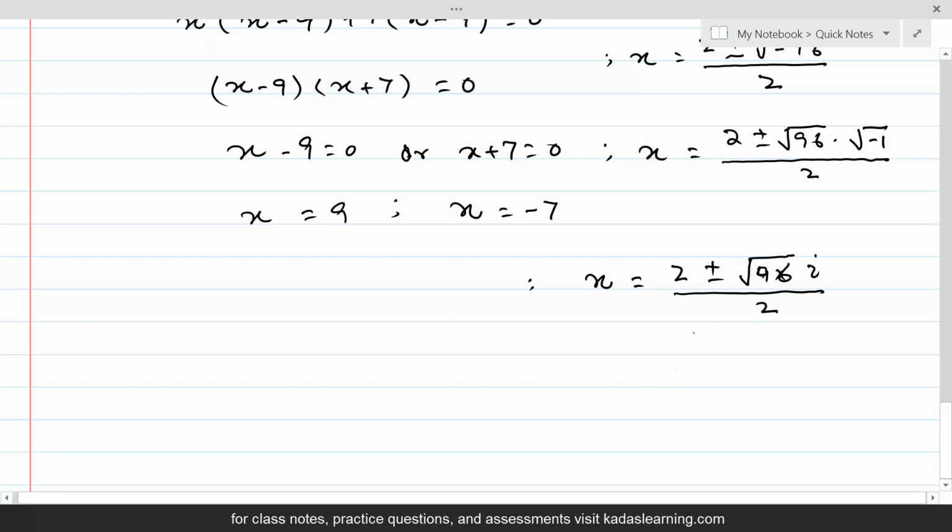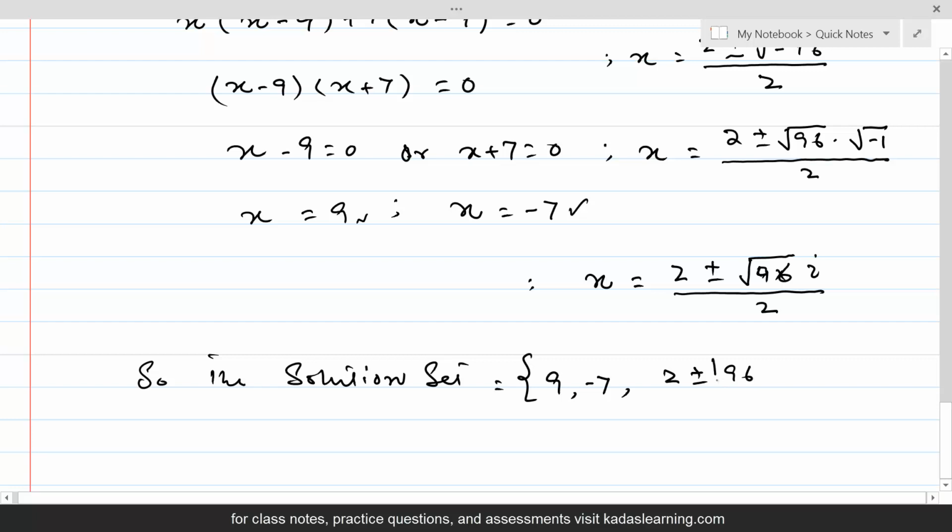Now we have two values of x which are not real, and two values which are real numbers. So the solution set is equal to 9, minus 7, and 2 plus minus square root of 96 iota divided by 2. So this is the solution set of the given equation.